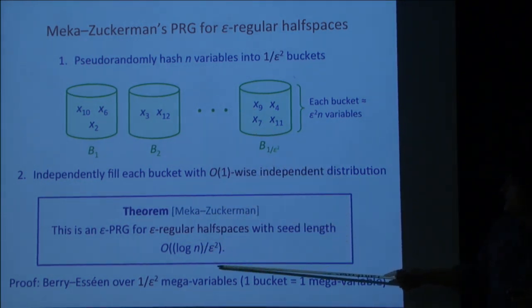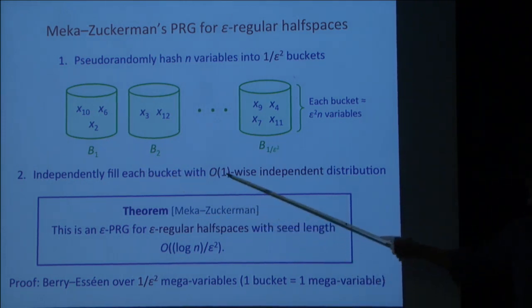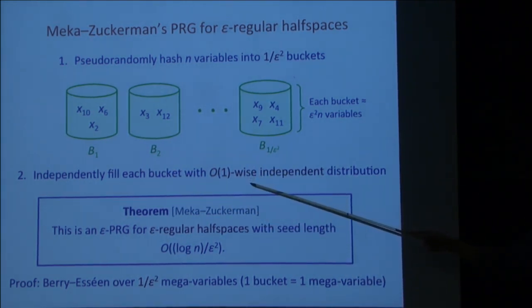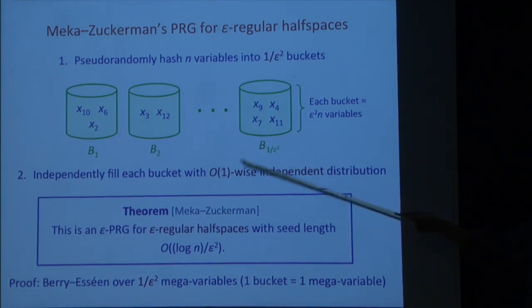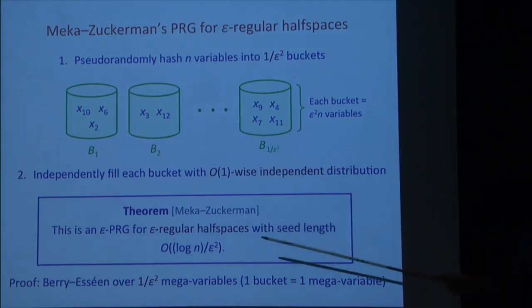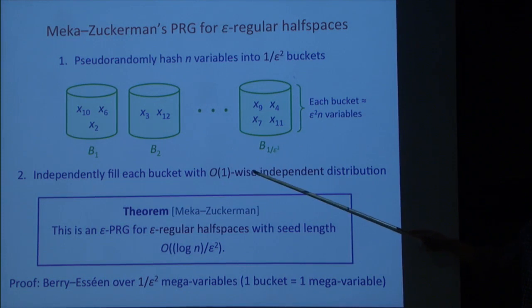That's why you have this 1 over epsilon squared in the seed length, because you're doing this independently for each bucket. But it turns out 4-wise independence is enough here, because you just really need some moment properties. I think the 4th moment is enough for the Berry-Esseen theorem. I gave you a simplified version of the theorem. There are other versions where statements about the 4th moment suffice, and you can get those if you have 4-wise independence within each bucket.